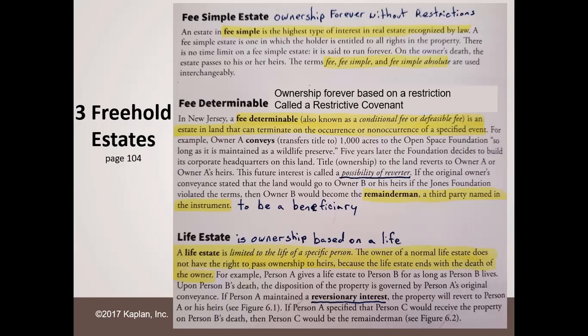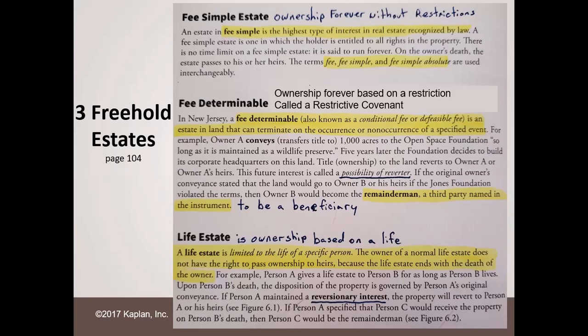Then we have a fee determinable estate. This is ownership forever based on a restriction. That restriction is called a restrictive covenant. So any restrictions placed in deeds are referred to as restrictive covenants. Covenant is a legal promise.